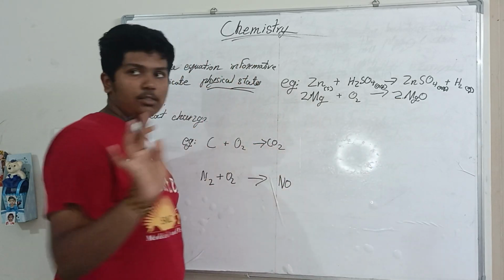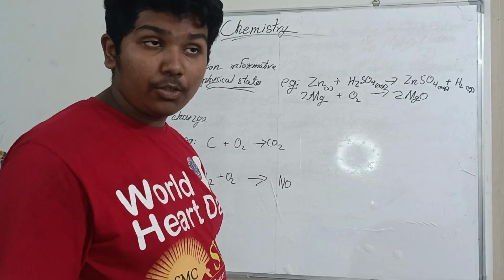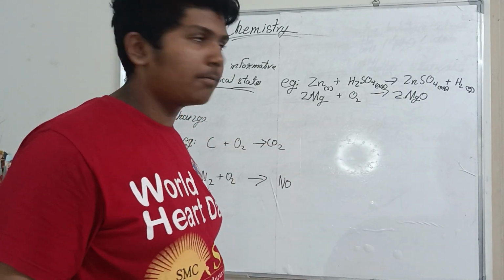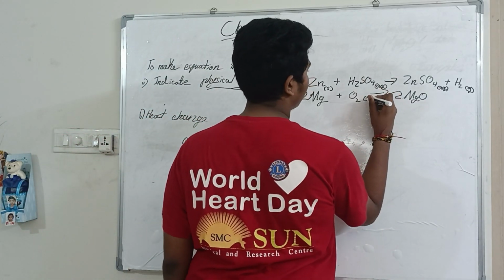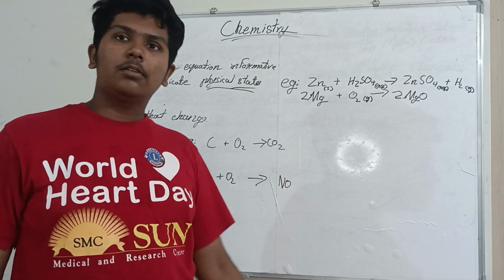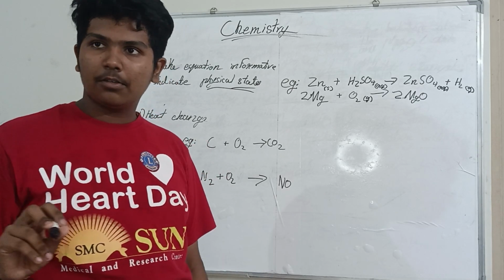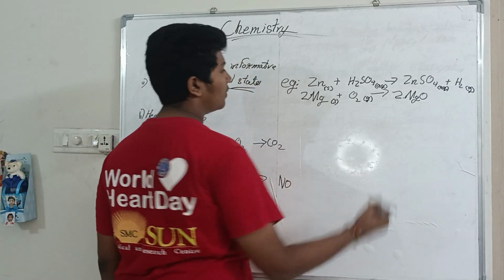So hence balanced. Now what you are going to do is write the states here. O2 obviously will be a gas. Then what will 2Mg be? It will be a solid, right?